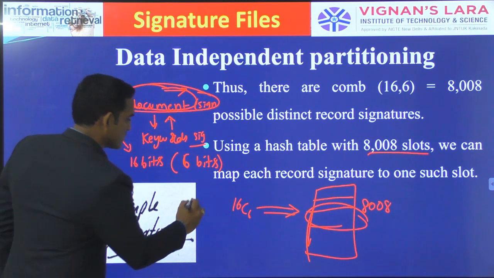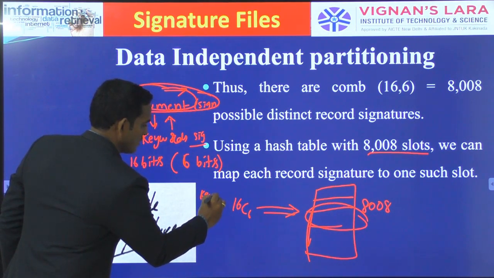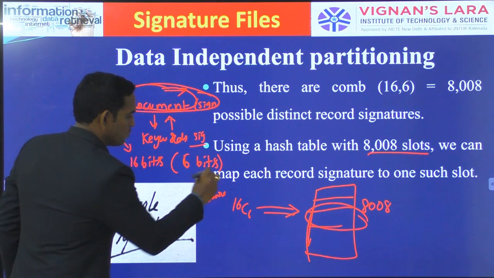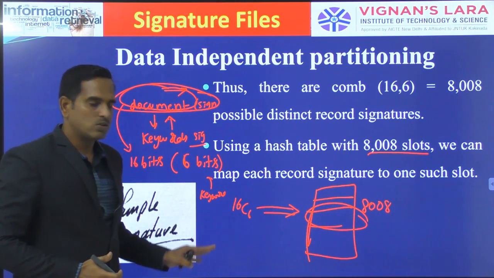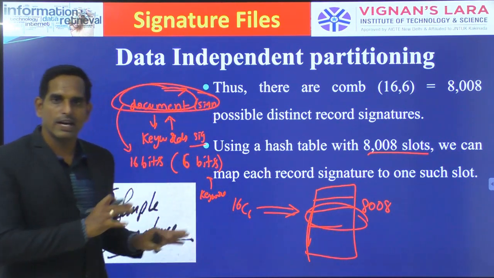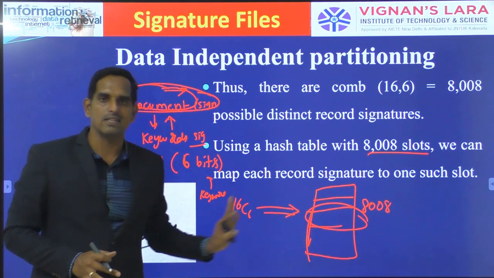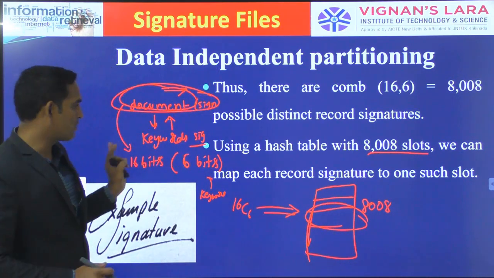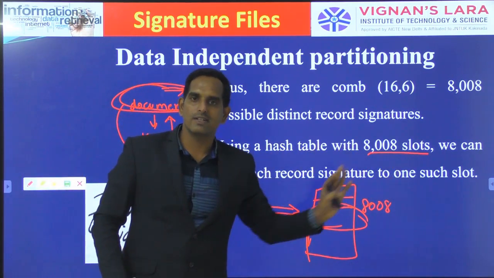So when I try to search for a keyword, which 6 bits do I have to search? Those 6 bits will be searched, and you can find those values in a localized place in your hash table which contains all the combinations of 8008 slots.